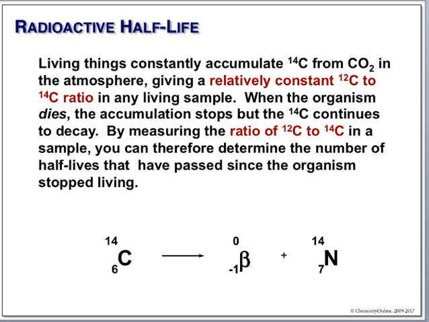When you die, you stop eating and breathing, and so you're not getting any more carbon-14. So the carbon-14 that's there starts to decay. What you can do then is measure the ratio of carbon-12 to carbon-14 in a sample, and it will tell you when you died. This is used in radiocarbon dating, fossils, stuff like that.